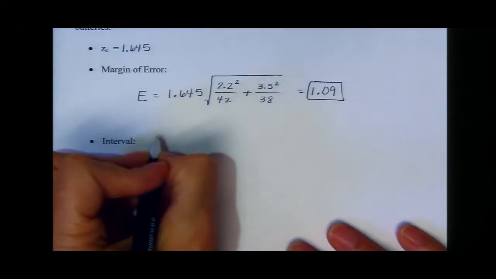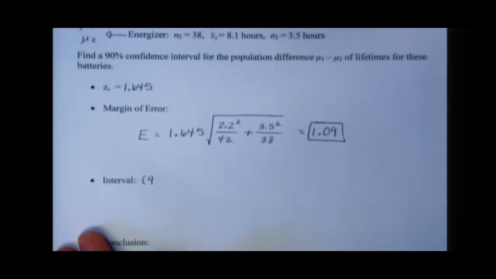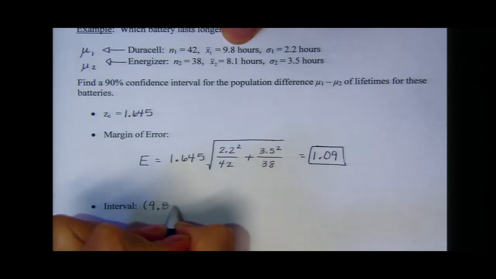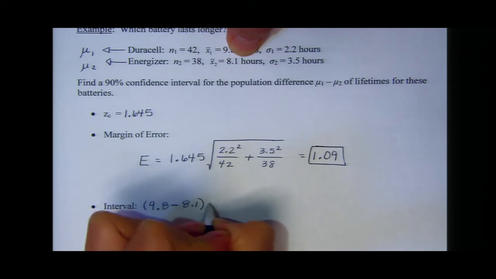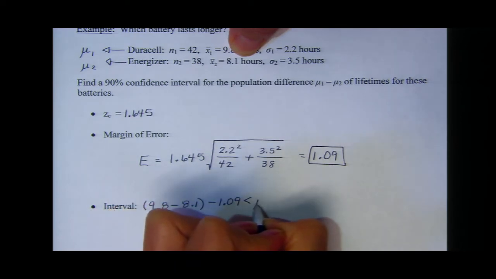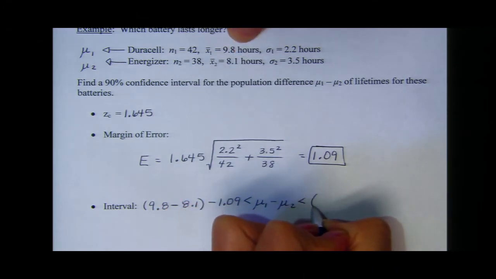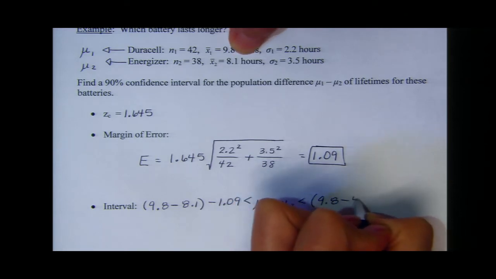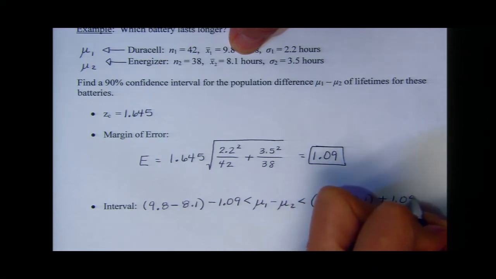So my interval would look like this: 9.8 minus 8.1 minus the margin of error, and then x bar 1 minus x bar 2 plus the margin of error.